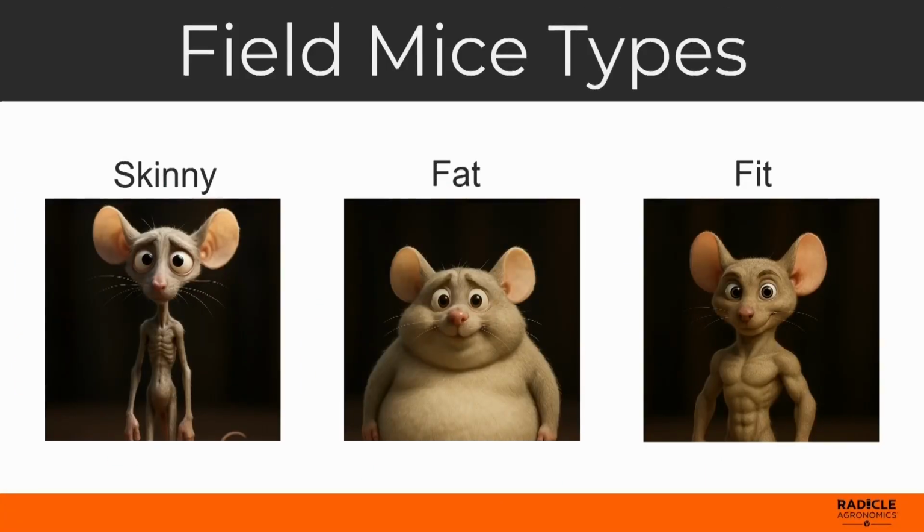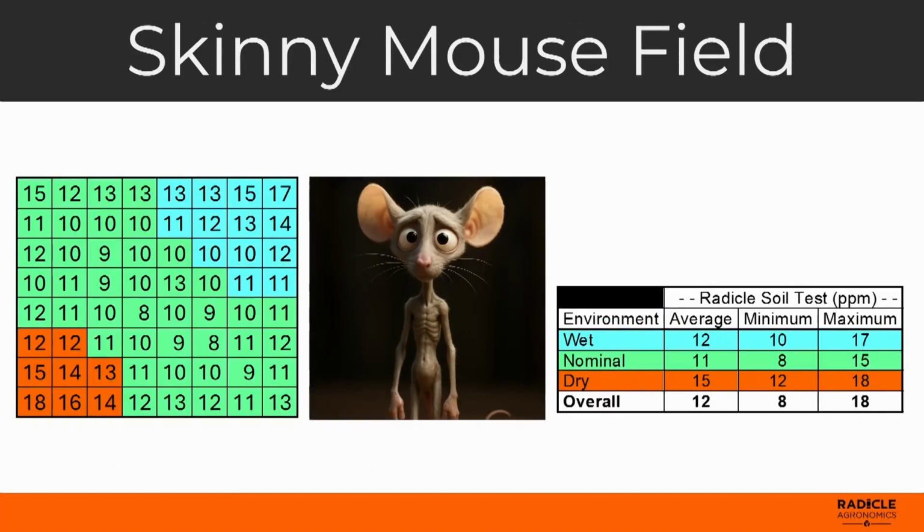So back to the field mice types. Here's a skinny mouse field. I had a neighbor lady who found out what I did for a living. She rents her land, completely disconnected from agriculture, but lives in West Lafayette. And she said, Brad, could you look at my soil test results?